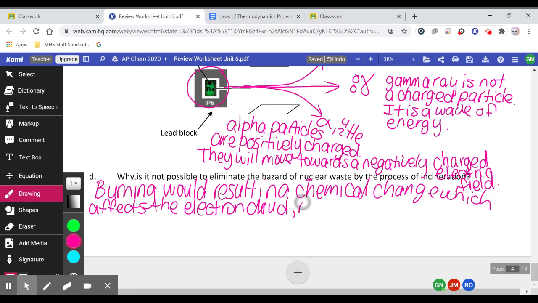I went ahead and just put not the nucleus, which is where radioactive decay occurs.